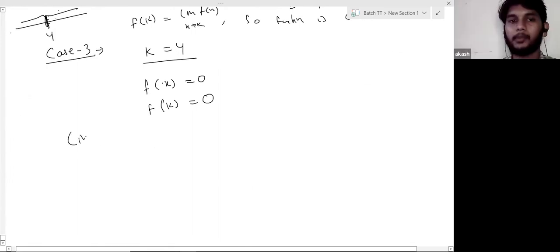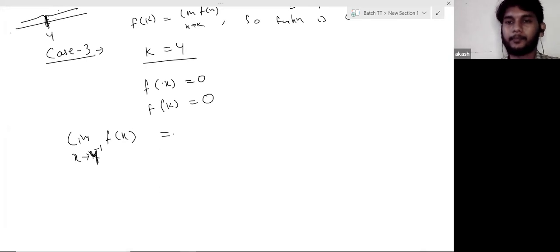Now to find the limit, we have to check the right hand limit and left hand limit. Limit x tending to 4 minus of f of x. So what will be f of x here? 4 minus means less than 4, right? Tending to a little bit less than 4.